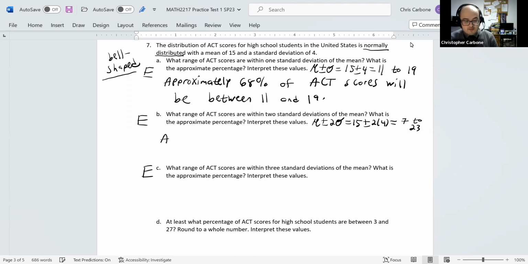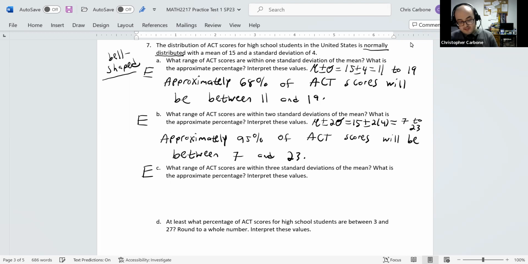So 2 standard deviations would be approximately 95% of ACT scores will be between 7 and 23.